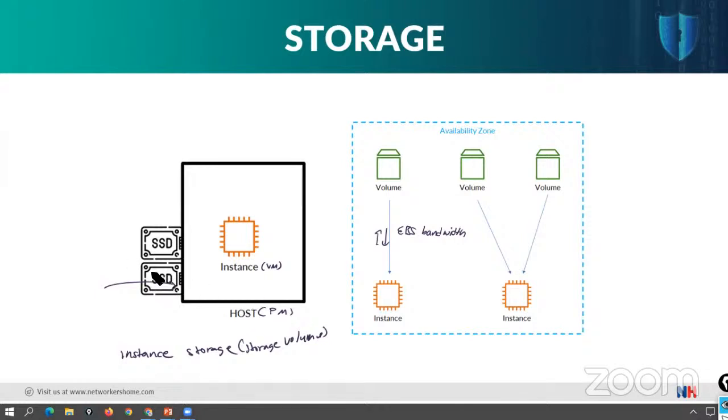That can be a solid state drive or a magnetic hard disk drive. It is a direct storage, like a direct hard disk attached to this particular physical machine, and we can make this directly attached storage available to our EC2 instance. As it is directly attached, it provides very low latency.